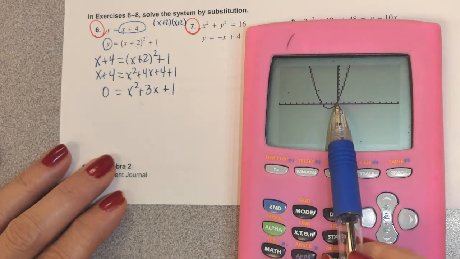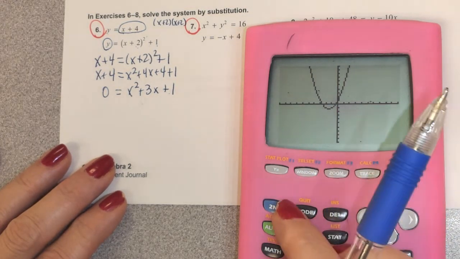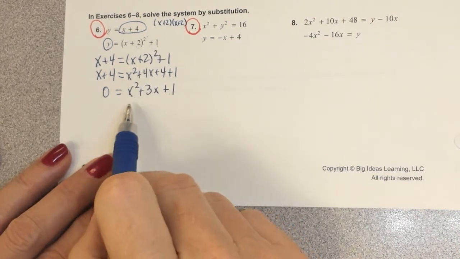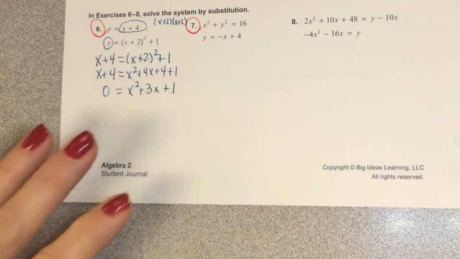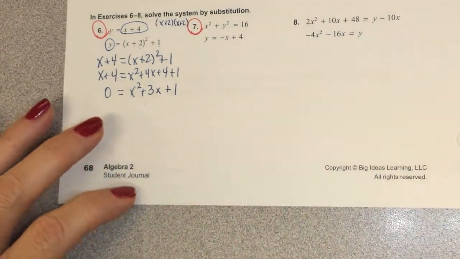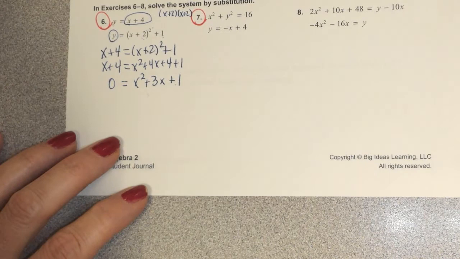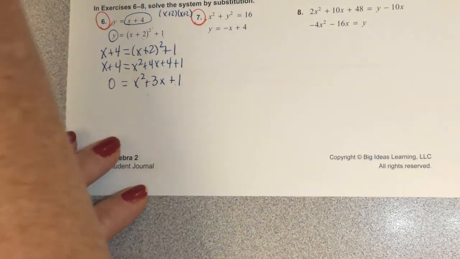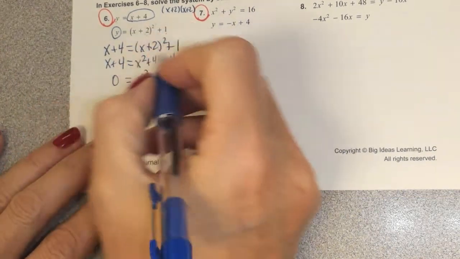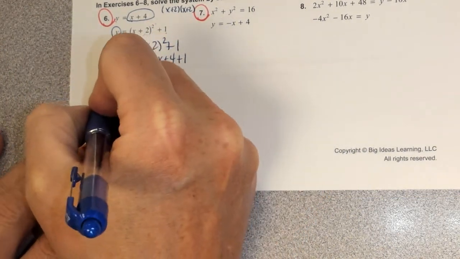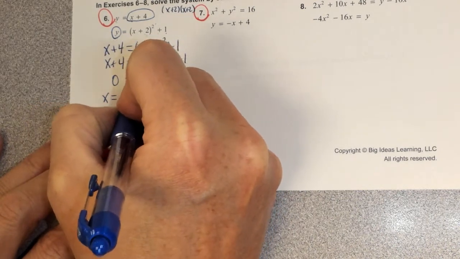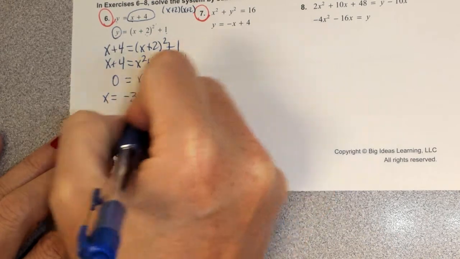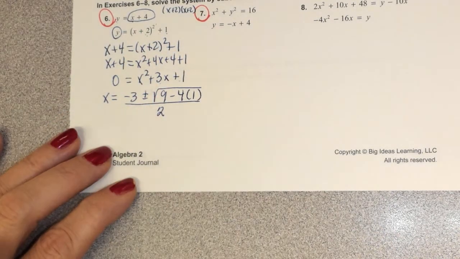All right, so we can see that there actually are two solutions to this. So the solutions must not be whole number answers. So another way that we can solve that we've learned is that we can use the quadratic formula. So here's my A is 1, B is 3. X is going to equal negative B plus or minus the square root of B squared minus 4 times A times C all over 2A.